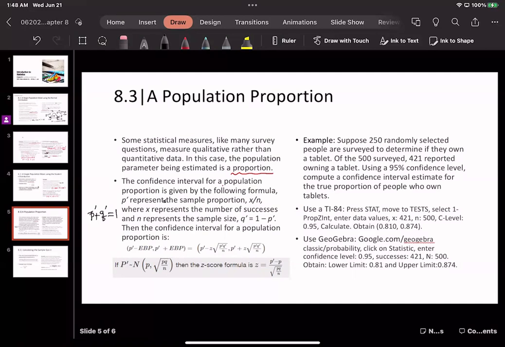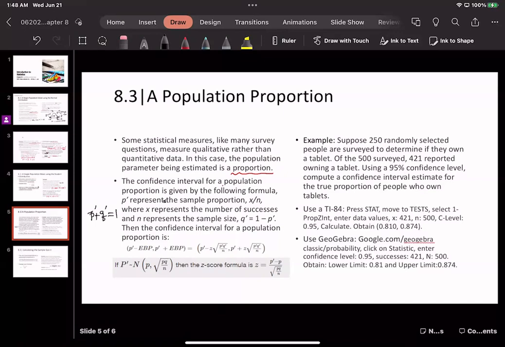Then the confidence interval for a population proportion is defined as (p-hat minus EBP, p-hat plus EBP), where the lower limit is p-hat minus EBP and the upper limit is p-hat plus EBP.